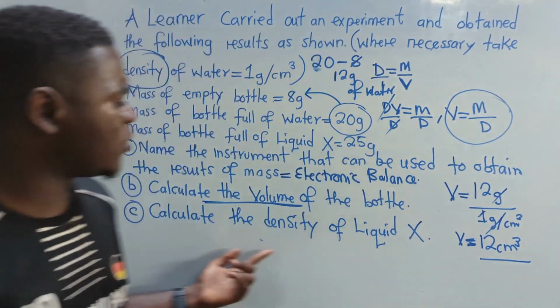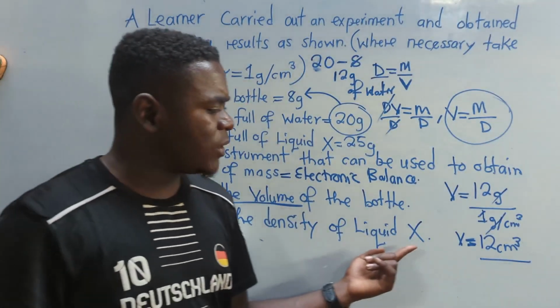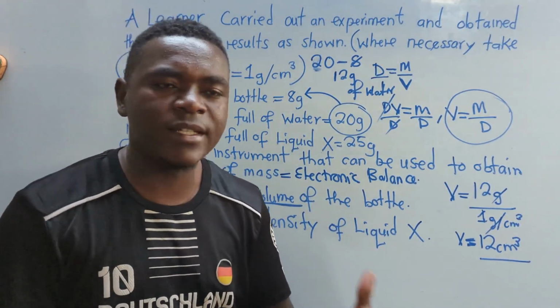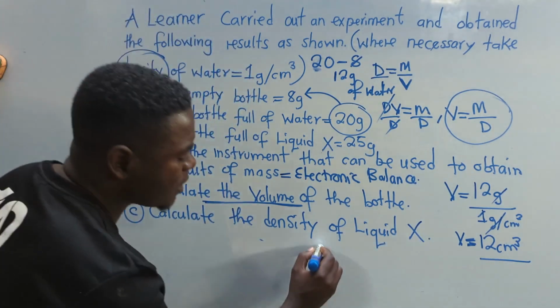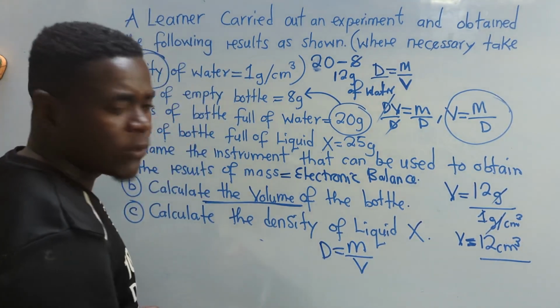So now, we go to this last question that is saying, calculate the density of liquid X. For us to calculate the density of liquid X, density is equal to mass over what? Over volume.